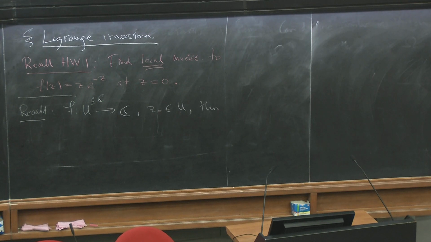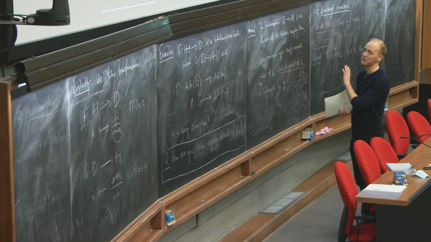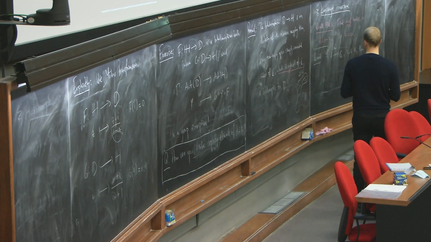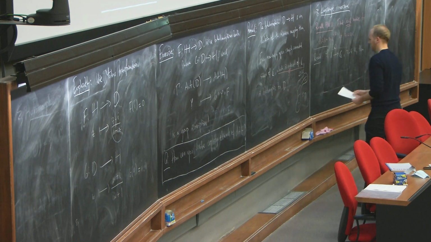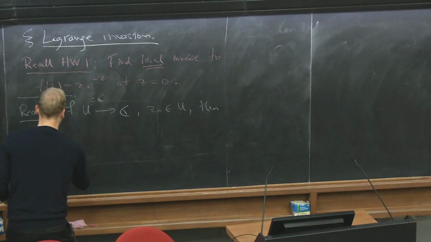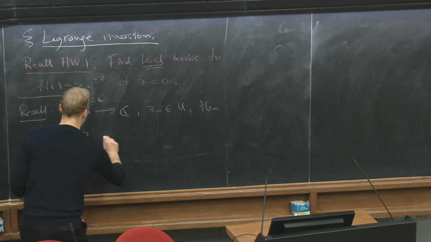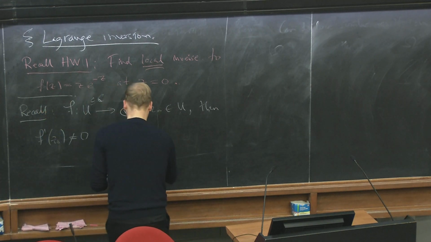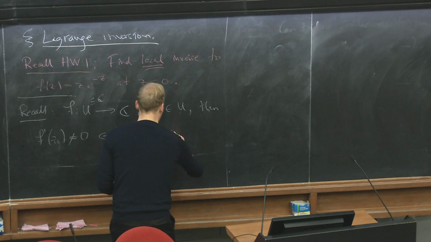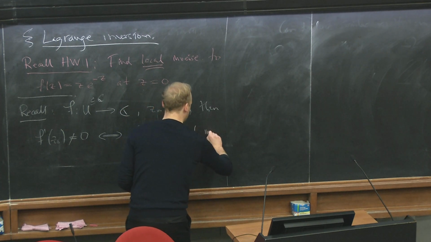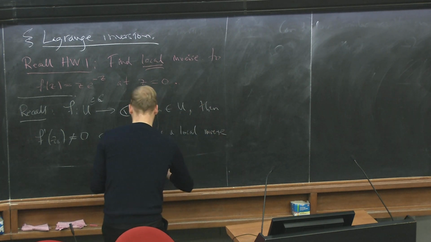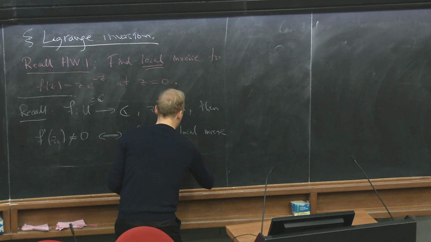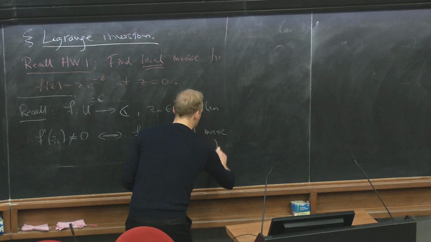A local inverse around f of Z0 exists if and only if some condition. Which one was that? Derivative is non-zero. Exactly. So f prime of Z0 is non-zero is equivalent to f having a local inverse around this point W0, which was f of Z0.